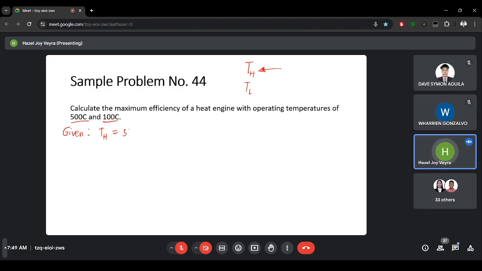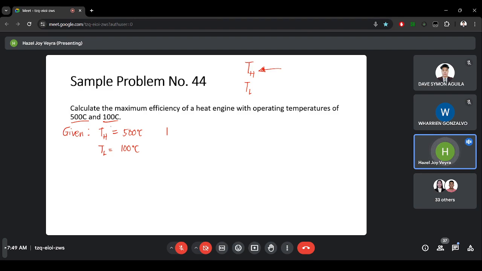Okay, this is 500 degrees Celsius and T sub L is 100 degrees Celsius. But before we proceed with the computation, remember to always convert these temperatures to absolute temperature.